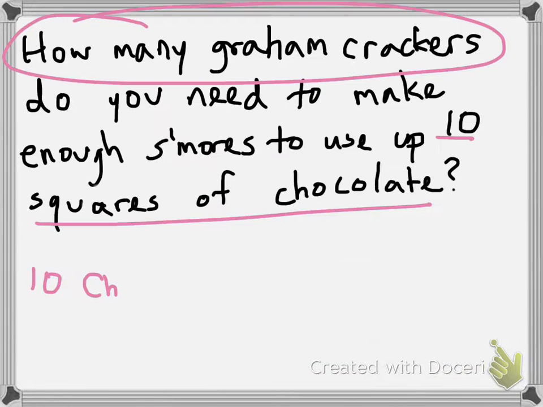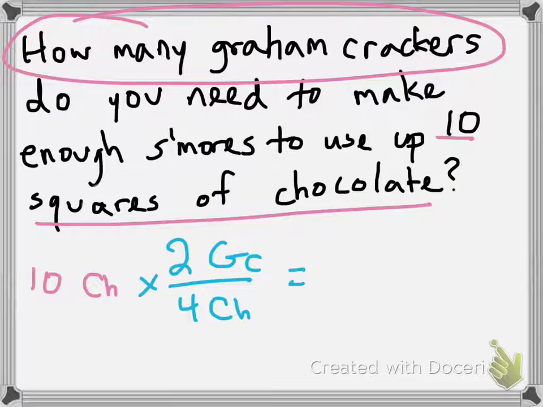So every 4 squares of chocolate is necessary per 2 graham crackers. So if we have 10 squares of chocolate, we're going to need 5 graham crackers.